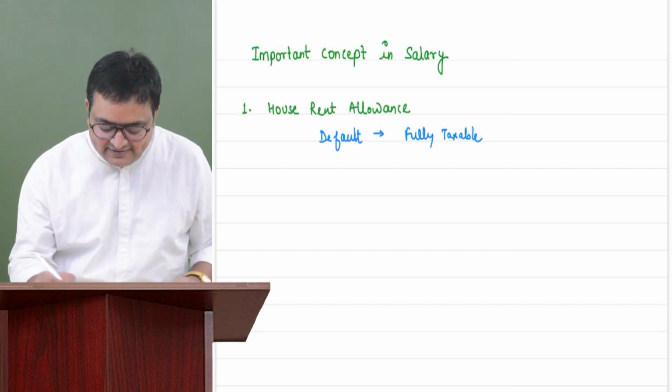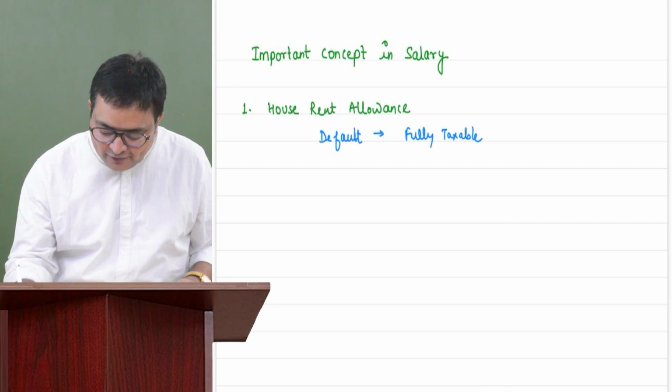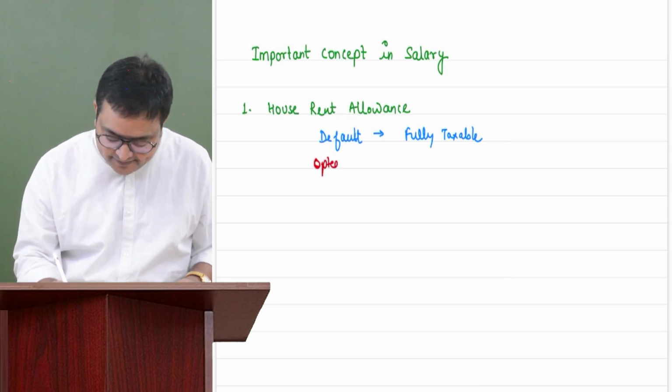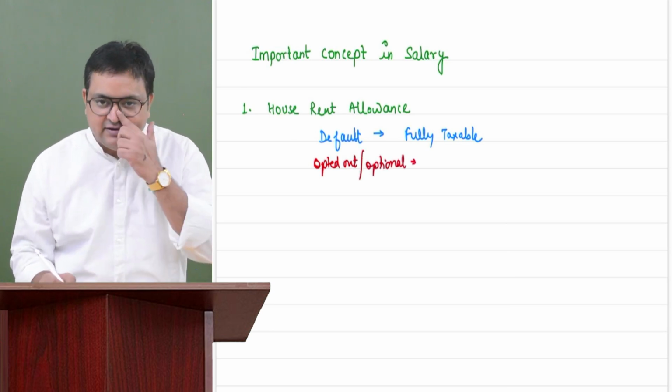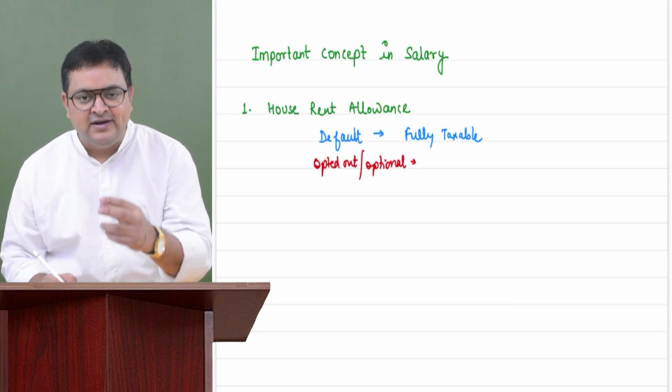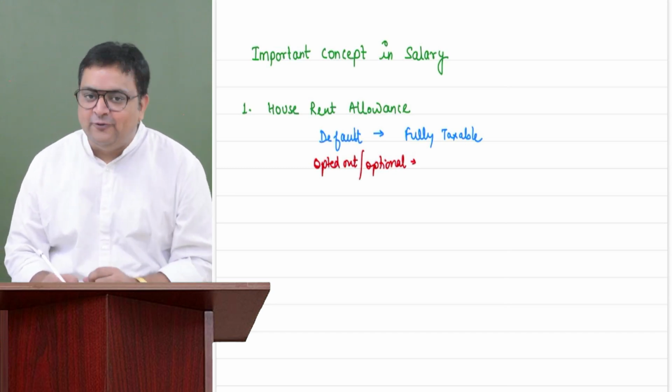But in case the assessee has opted out from the default tax regime, or in other words, they are following the optional tax regime, in this case, whatever HRA the assessee has received, deduct some exemption out of it.